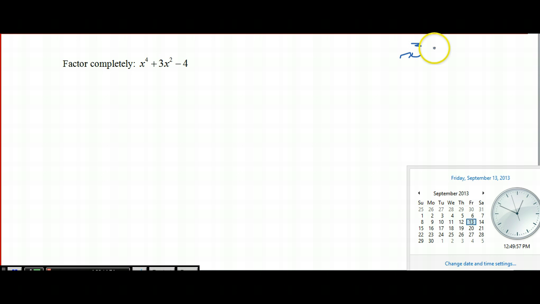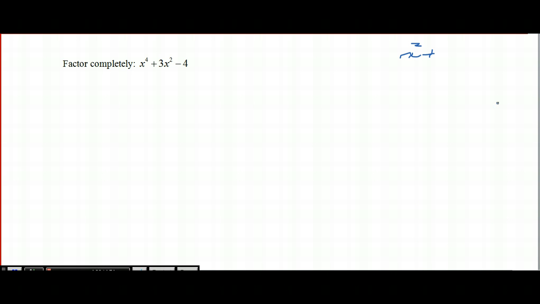Suppose this were x squared plus 3x minus 4. Well, what would we do here? We would factor this.